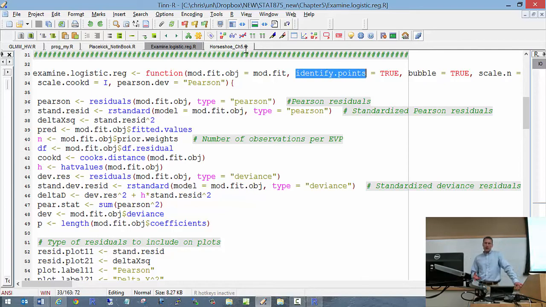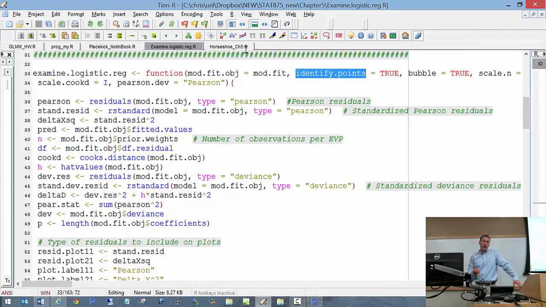What this function is going to generate is 4 plots, all in one graphics window. And you're going to be able to click on particular points to identify what observation number they correspond to. This will be useful for you to figure out, well, I see a point that's kind of outlying. What observation does that correspond to? When you click on the point, the observation number automatically comes up.